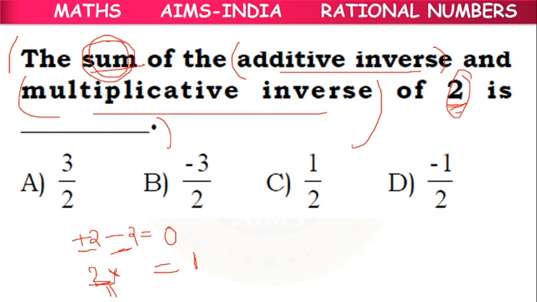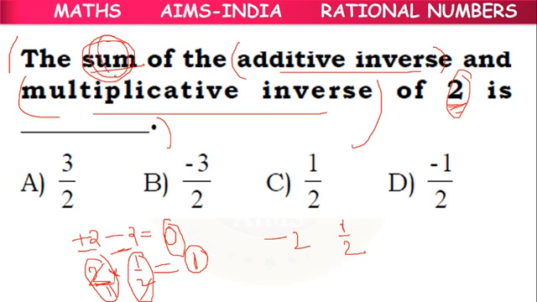Then what is its reciprocal? 1 by 2. So 1 by 2 is the multiplicative inverse of 2, because 2 gets cancelled and the result will be 1. So minus 2 is the additive inverse, and 1 by 2 is the multiplicative inverse.